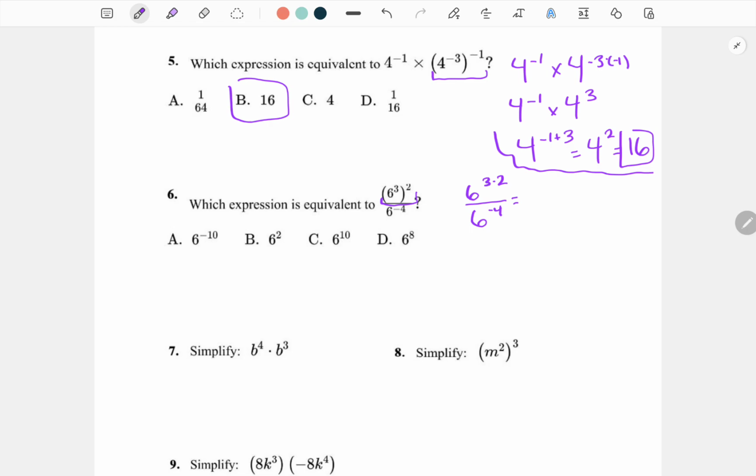All right, so 3 times 2 is 6. And then I have a quotient, so I'm going to subtract. So 6 minus negative 4. 6 minus negative 4, I'm going to keep change to give me 10. So my answer is 6 to the 10th power.